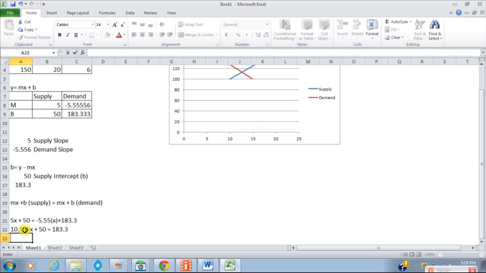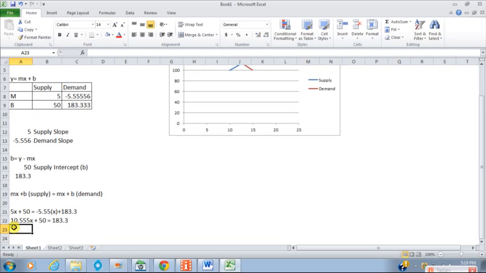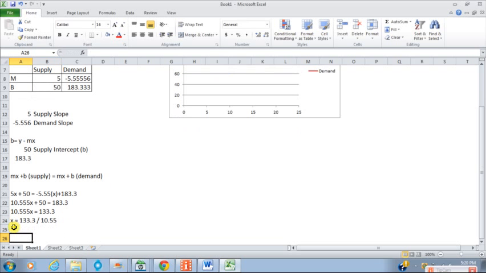So we have 10.55x equals, we're going to subtract 50 from this side, so 133.3. Now to isolate the x, we are dividing it by 10.55. So x equals 133.3 divided by 10.55, and that's going to give us our x.